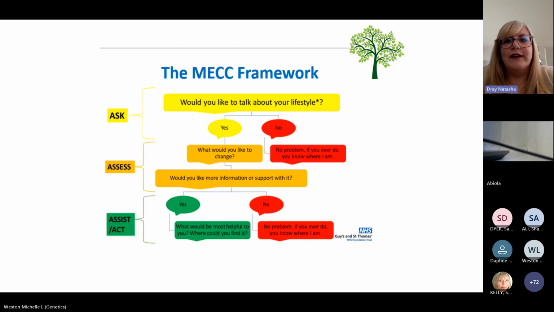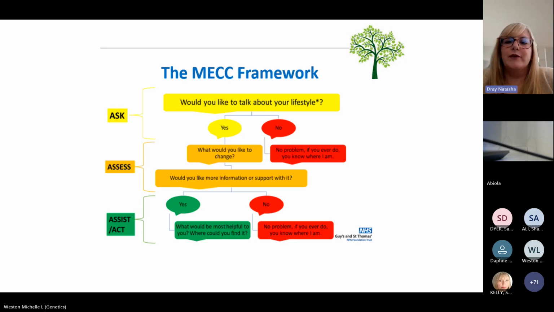So, for example, I've recently seen a patient who was there to discuss her family history of breast cancer. She did come out as higher risk based on her family history, and she was very keen to discuss the fact that she was quite a heavy smoker and how that would influence her risk of cancer in the future as well.